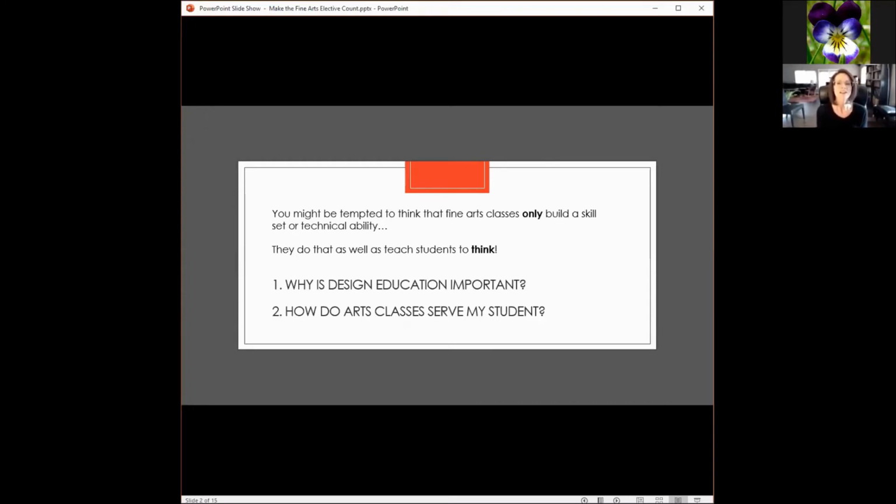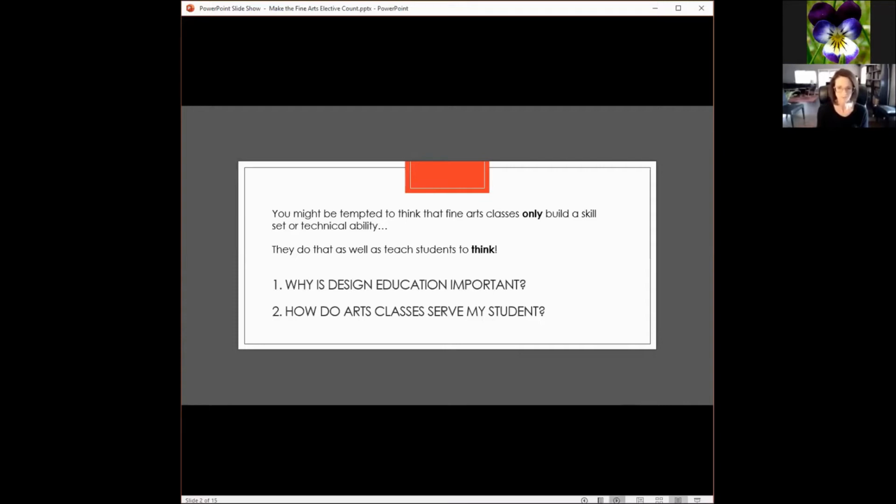But it's not just that. There is an element to arts classes that helps students learn how to think. And that applies to every single subject area, not just art. So let's talk through that a little bit, and then we will talk about how arts classes specifically help your students to learn those things.